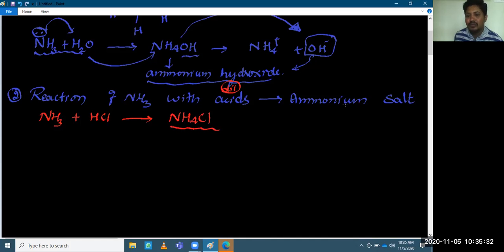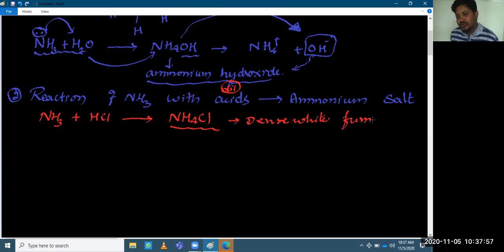This is the ammonium chloride salt. You can observe the formation of dense white fumes. So when NH3 reacts with HCl, it forms dense white fumes. This is your observation.